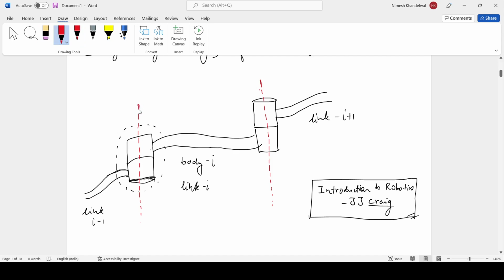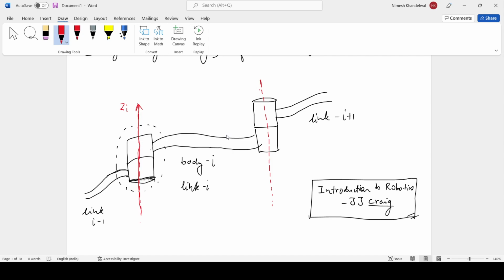What this convention is: the axis connecting link I minus 1 and link I is called ZI. So the Z axis of the ith frame is the axis of revolution between link I and link I minus 1. It is not just about revolution, it is about any kind of displacement.